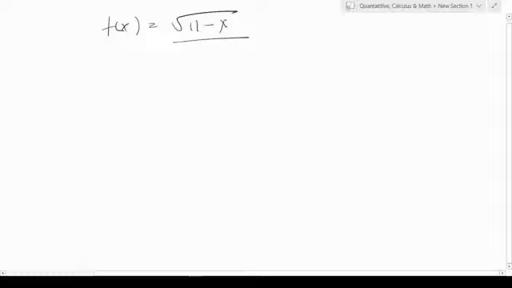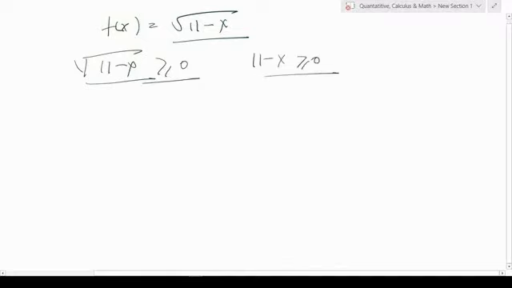And now in this function, let's take f of x equal to square root of 11 minus x. Now in this example, we can equate it simply. What could be the value of x for which the function is defined, we know, and what I've discussed is 11 minus x has to be greater or equal to 0.